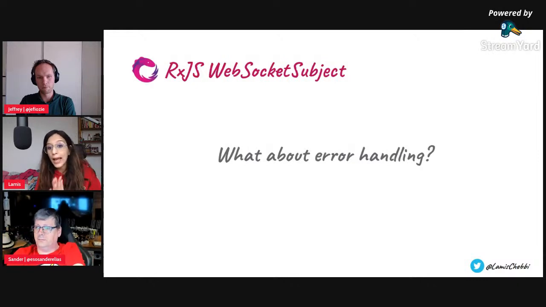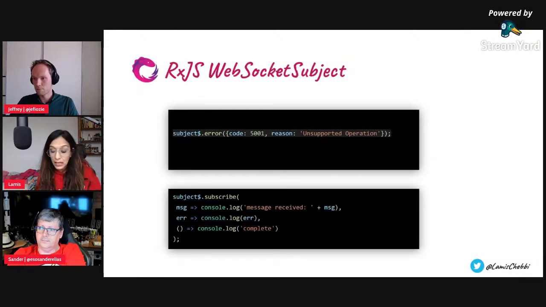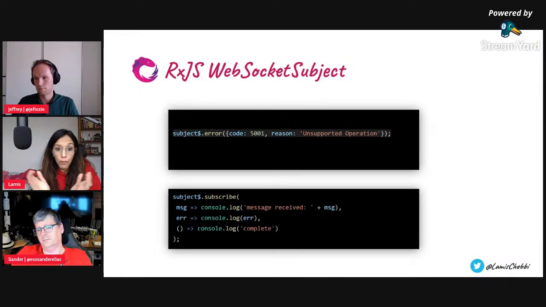It's about error handling. So good so far, but how can we handle errors coming from the WebSocket server? Here you can send errors to your server using the regular error method.